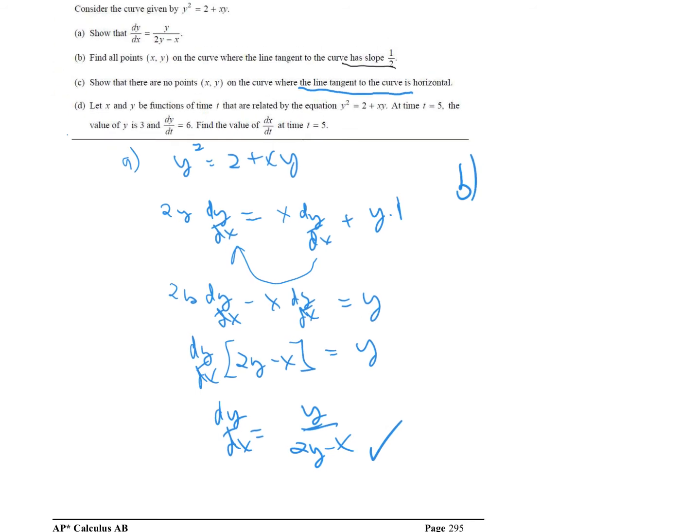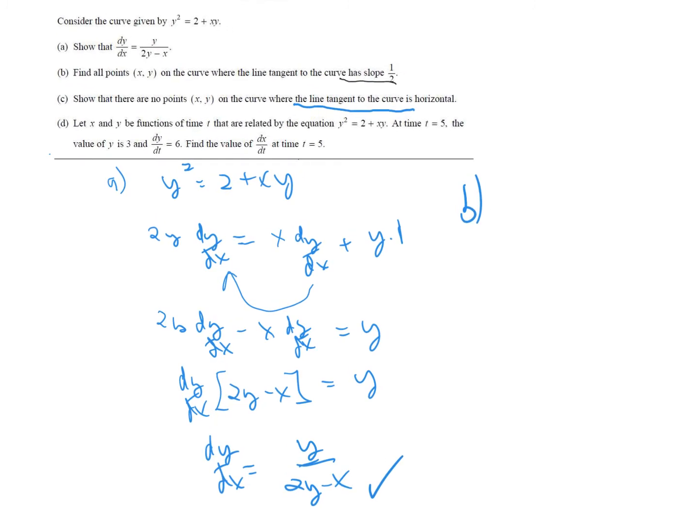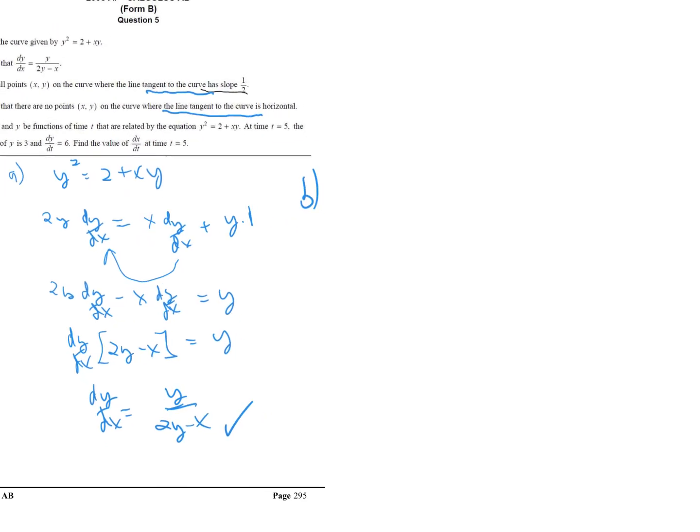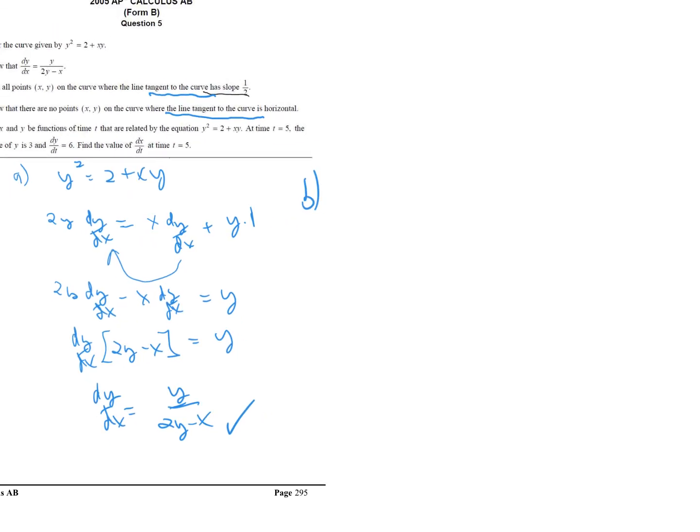Find the, there it is. To the curve where the slope is 1/2. So I just take my derivative that I've already done, set it equal to 1/2 and solve it. So the derivative that I've already done was y over 2x, no, sorry, 2y.